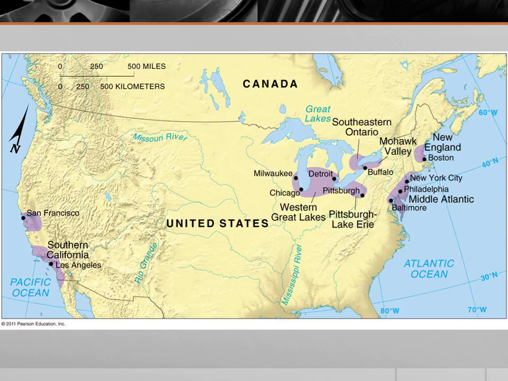Again, I don't know that you're necessarily going to have to be able to list all the different products that come from these areas. It's possible, because anything is possible on the AP exam. But it's just good to know where some of our goods and products are coming from. And the fact that this is one of 3 major industrial centers.